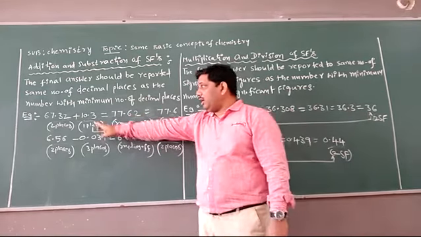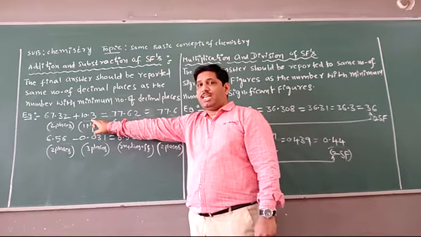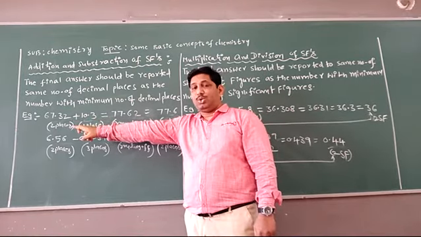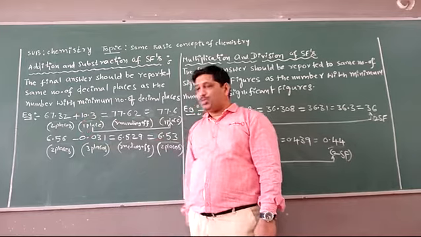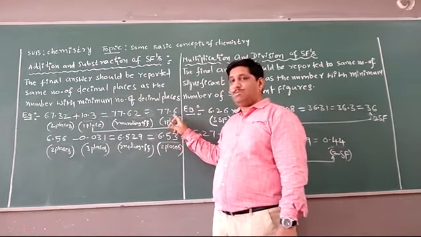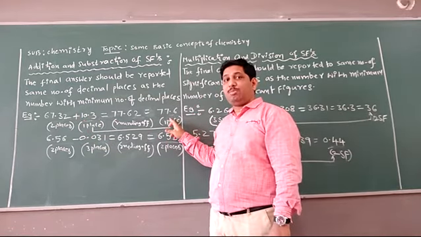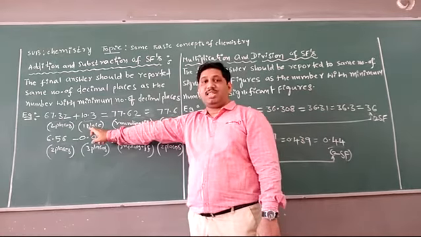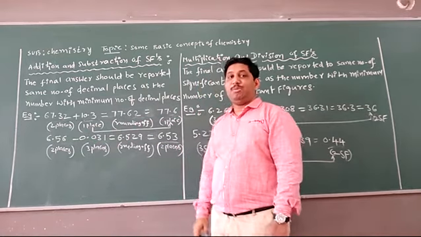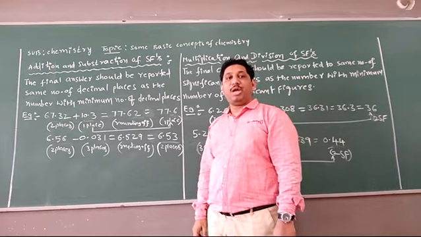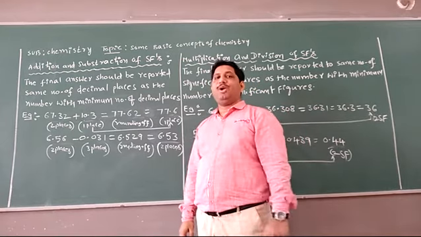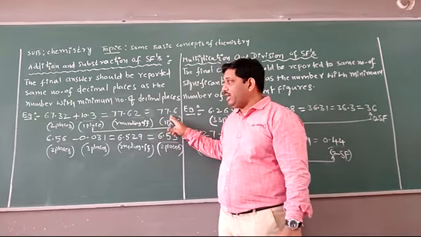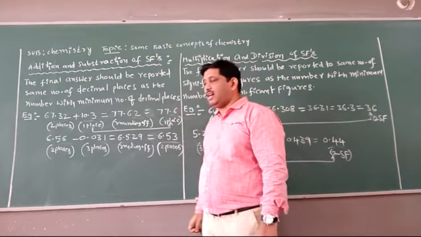Because 10.3 has one decimal place and 67.32 has two. The final answer must be reported to the same number of decimal places as the number with the minimum number of decimal places. The minimum is 10.3, having only one decimal place. Therefore, students, 77.6 is the correct answer.